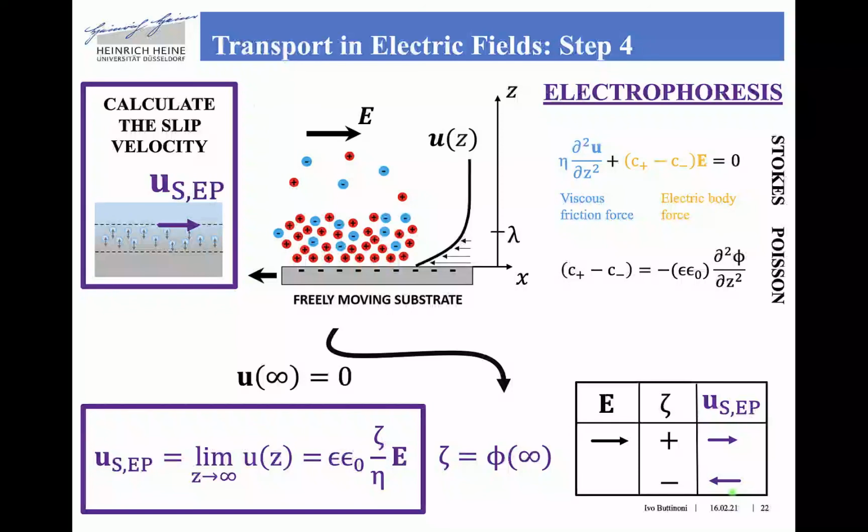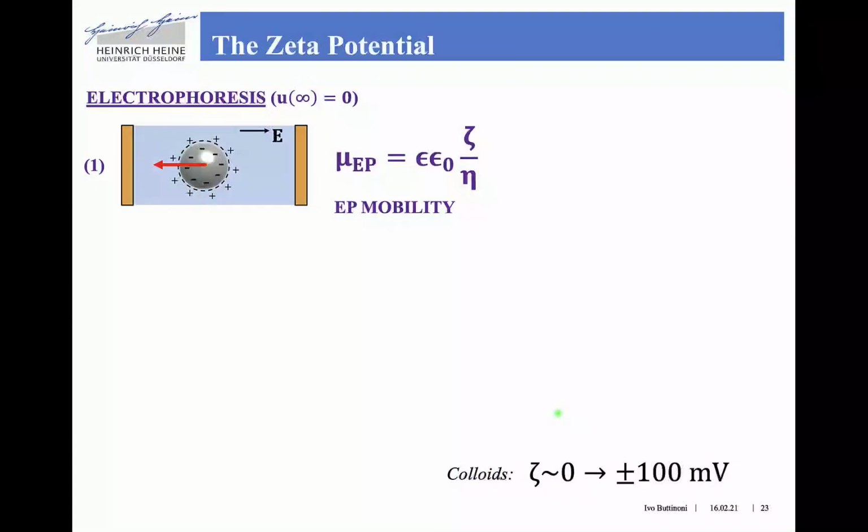So at this stage, I think it is useful to say a few more words about this integration constant, zeta, which is also known as the zeta potential in the context of electrophoresis. On one hand, this zeta gives the electrophoretic mobility of freely suspended particles, so essentially the proportionality between the slip velocity and the external electric field.